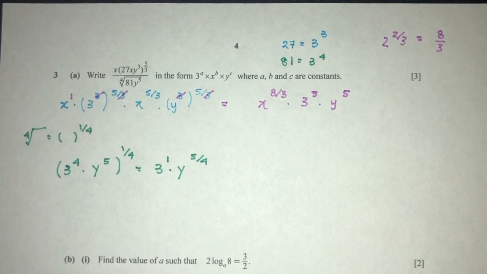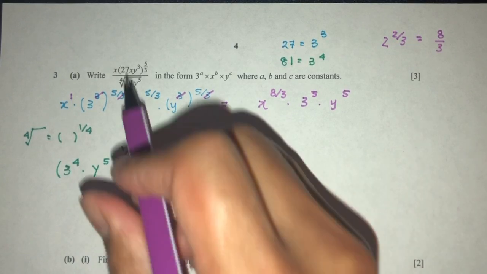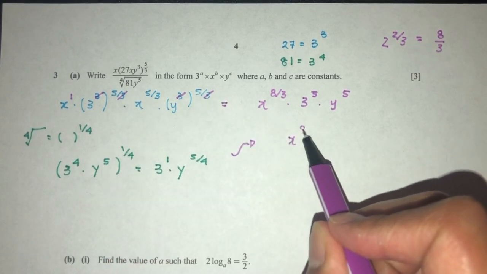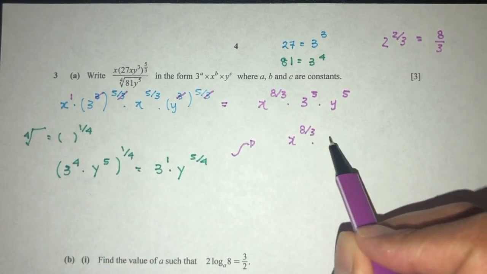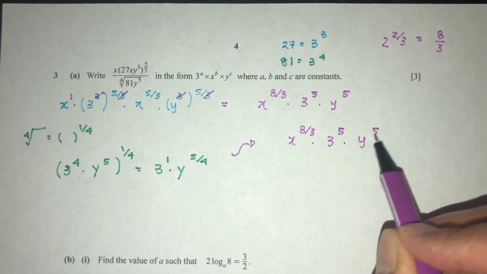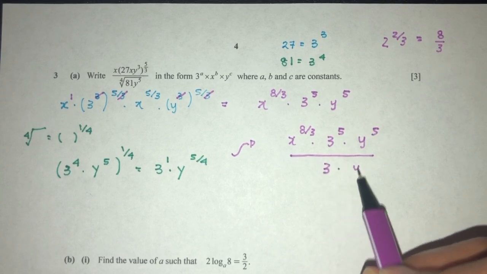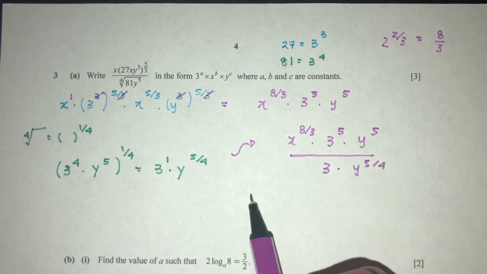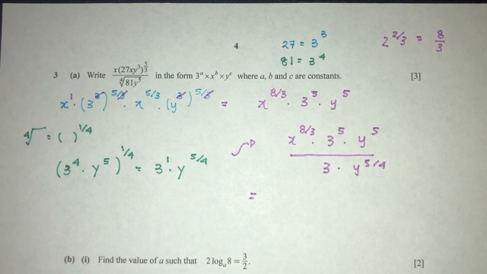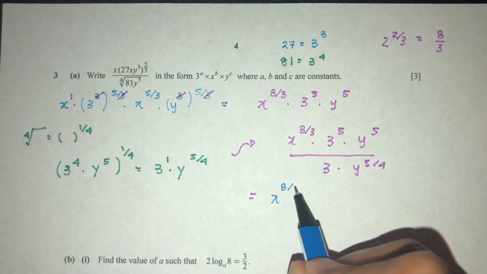Now replace these two back in the fraction. Let's see what happens, right? Step by step. On top you will have x 8 over 3. Here we have 3 power 5 and y power 5, divided by 3 and y this. Now x will be the same thing because we don't have anything below, which is x. That will be x 8 over 3.